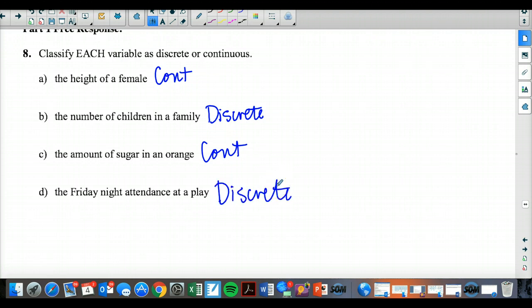If it's something that can be drilled down and drilled down, because there are more accurate ways to measure, and you can keep getting more and more specific, it is a continuous random variable. If it is a number to where you cannot have 4.324157 people at the school play, there are either 4 or 5, but no decimal in the middle, that is a discrete variable. Okay.